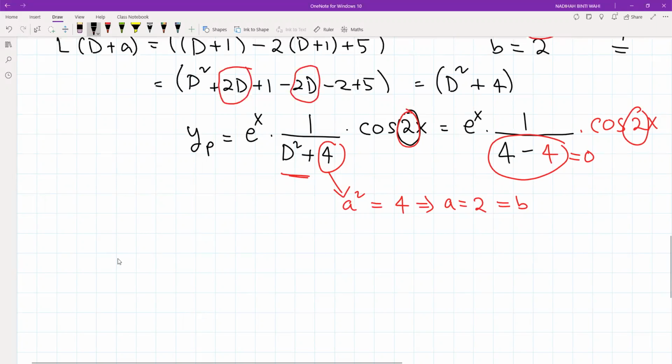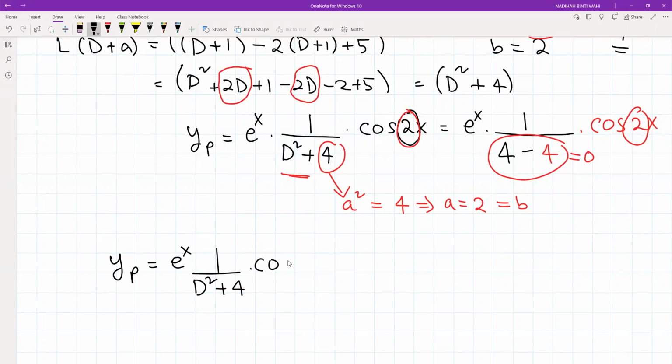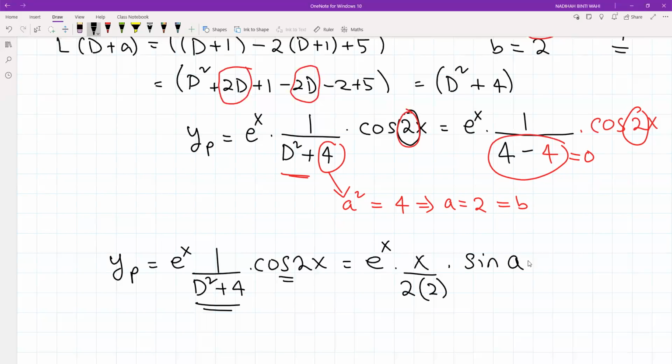Saya kena buat YP sama dengan E to the X 1 over D squared tambah 4 of cosine 2X sama dengan E to the X. Kalau yang ni, sebab A sama dengan B, saya boleh buat untuk cosine, this is cosine, X over 2A, 2A which is 2, darab dengan sin of AX which is 2.